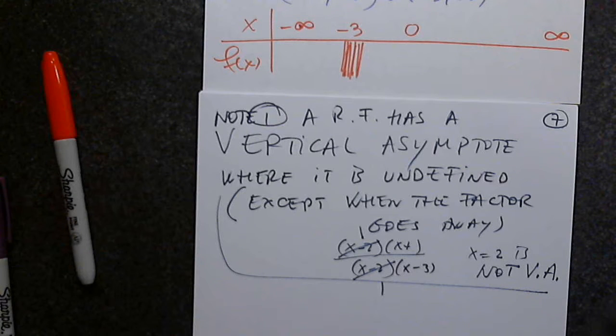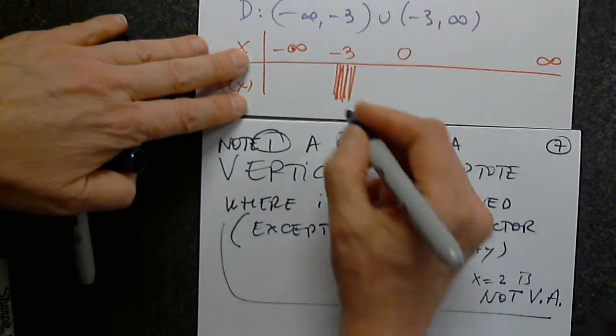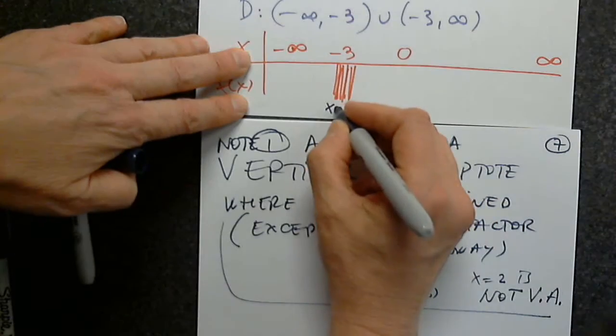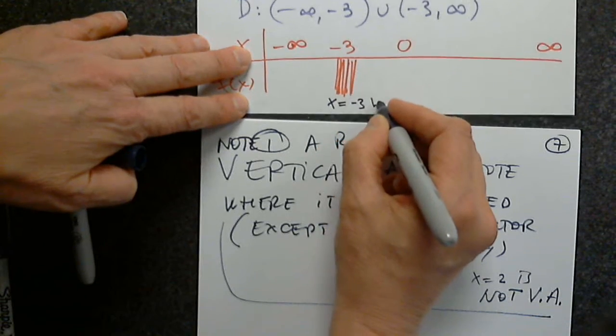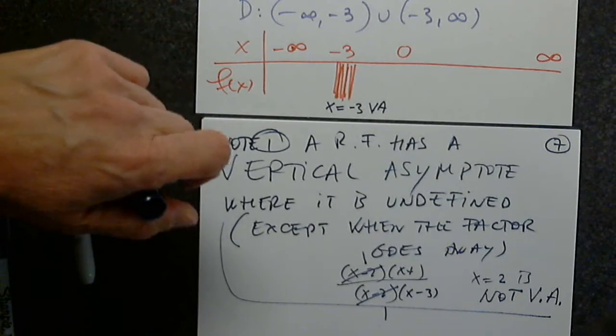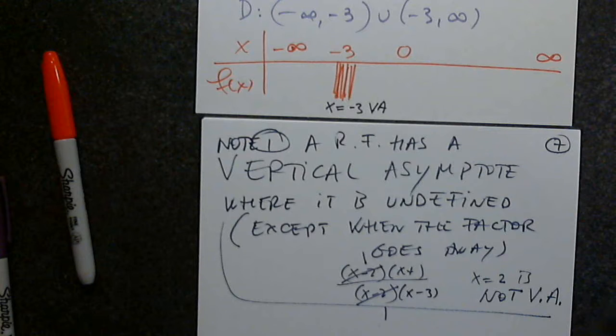The factor that stays will create a vertical asymptote. But the factor that goes away will be a hole in the graph. Okay. So then I will write myself a note right here with the table. -3 is a VA, vertical asymptote.